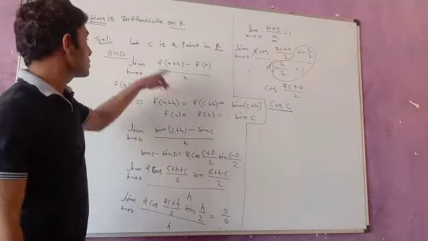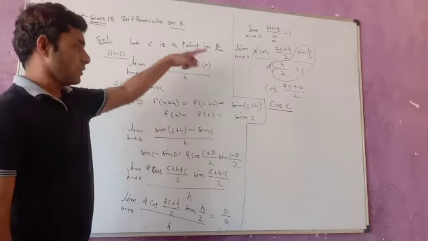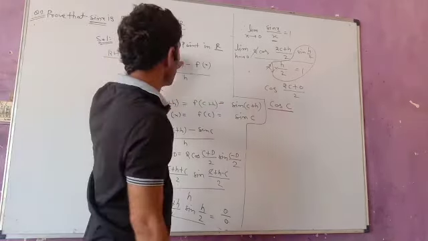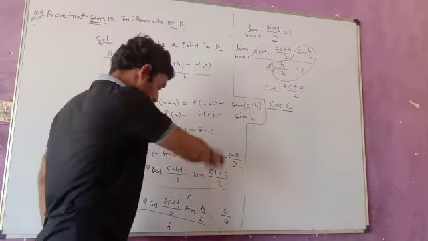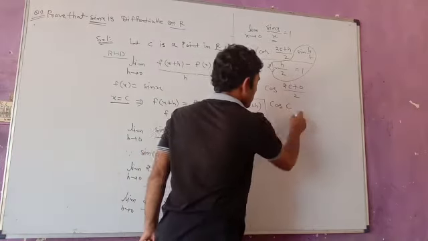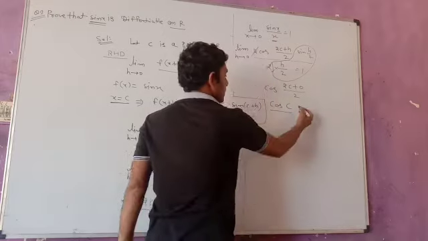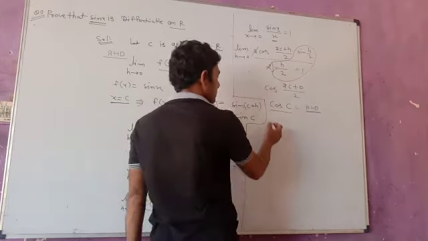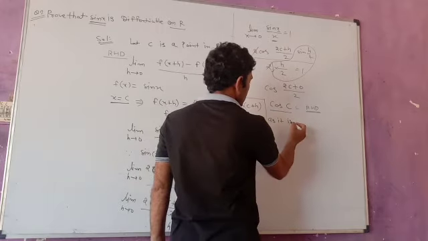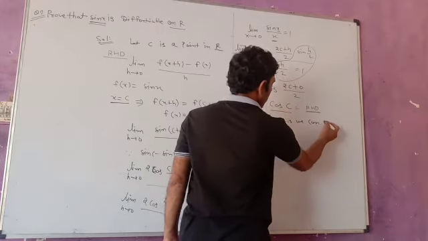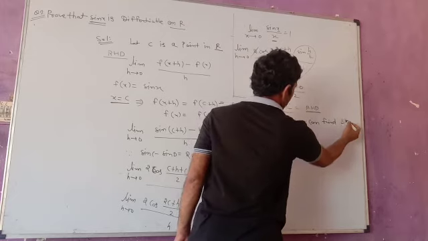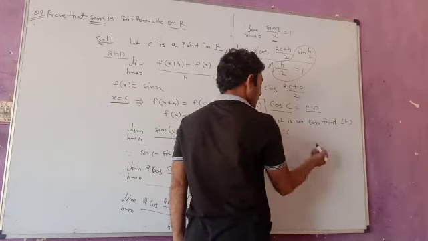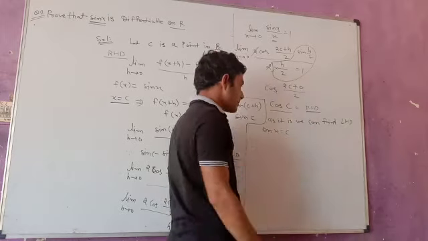On x equals c, we got the value of the derivative of sin x, cos c. That is the right hand derivative as it is. We can find the left hand derivative on x equals c by using the formula of LHD.